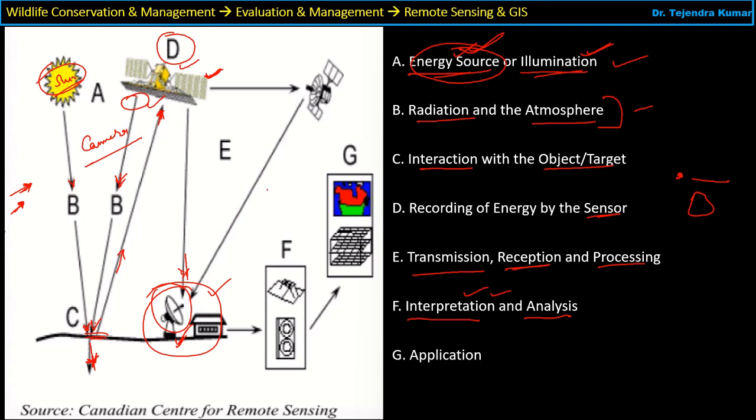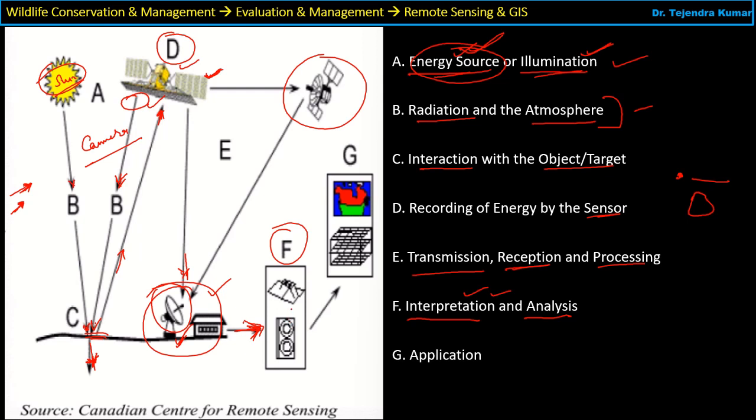Whether it is an active system or a passive system, I have told you how it is working. After this, the complete information, like the table or data or sometimes statistical data, is sent, and here it will be interpreted.